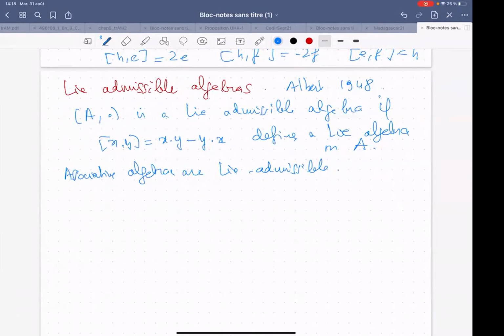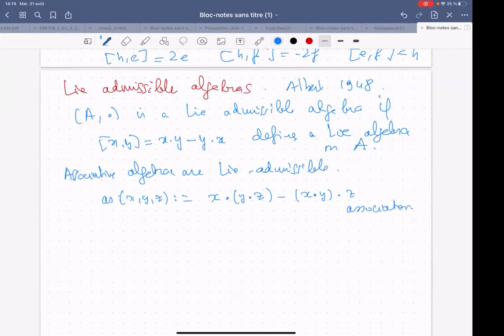Let us define some characterization using a trilinear operation. Let us denote by the associator a trilinear map defined as (x, y, z) = (xy)z minus x(yz), and this is the so-called associator.